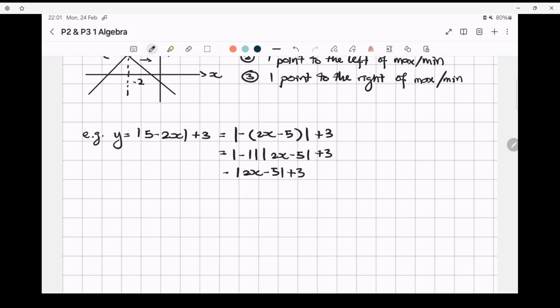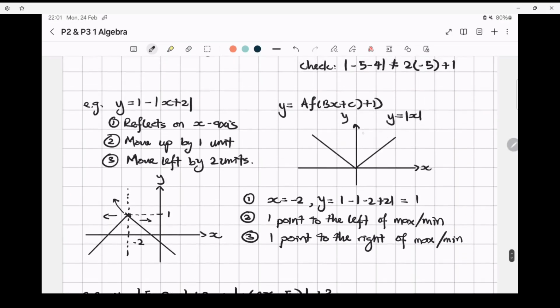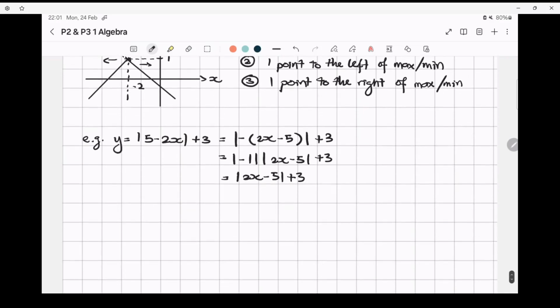So it means that for modulus equation, actually if you notice it, for quadratic equation as well, there is this left-right symmetry between the axis of symmetry, which is for y equals to modulus x case, your y-axis is your axis of symmetry. Because of this left-right symmetry, essentially you can factorize out the minus sign, and then it doesn't change anything.